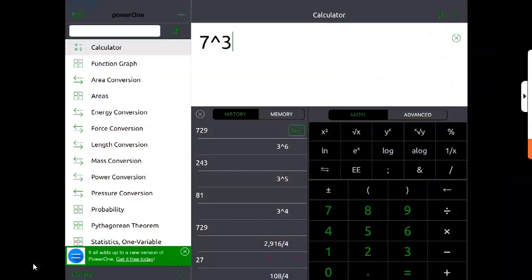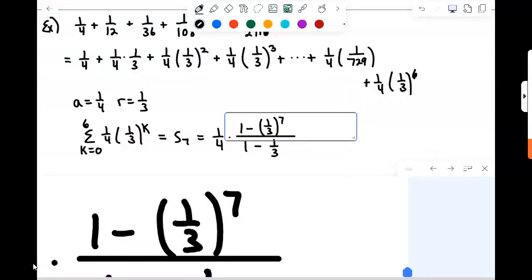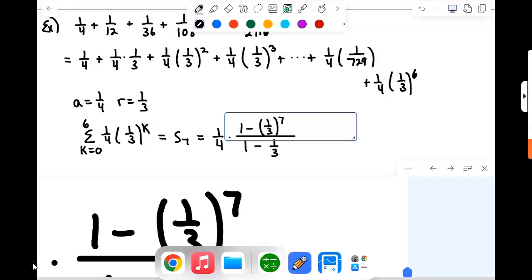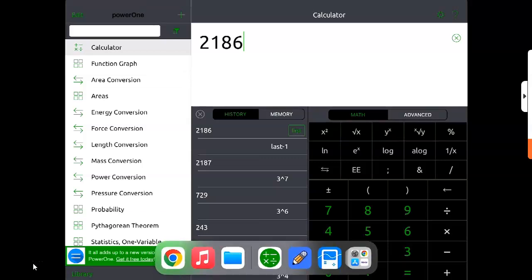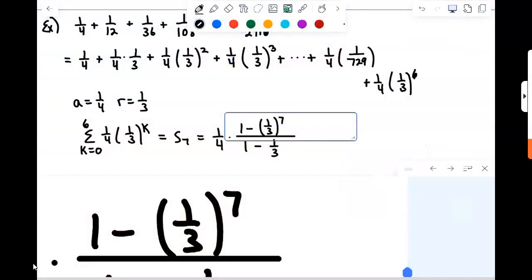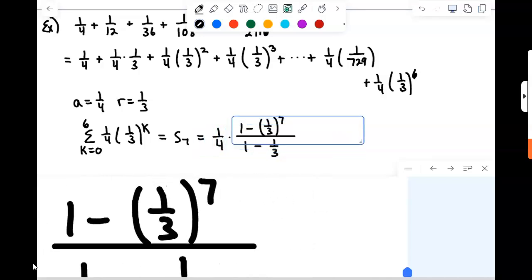3 to the 7th power is 2187. So that numerator is going to be 1 minus 1/2187, which would simplify to be 2186. And then the 2186 is going to be divided by 8/3.